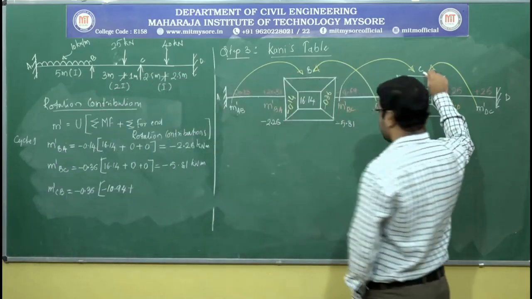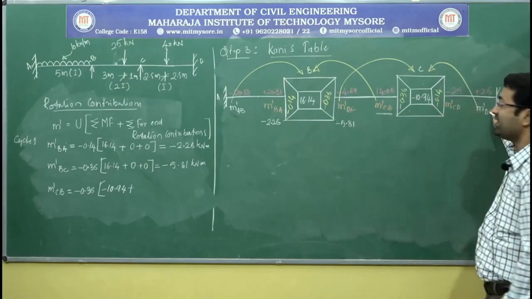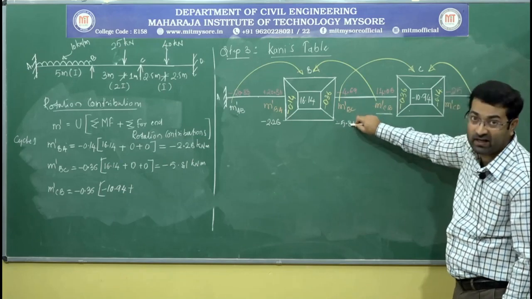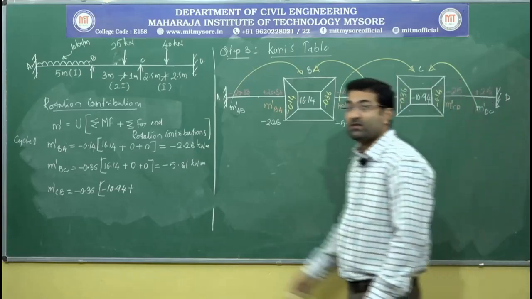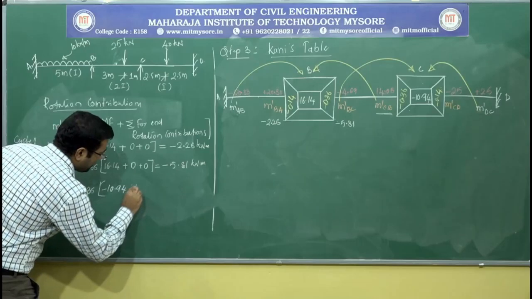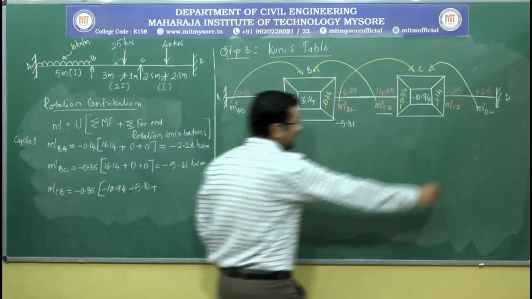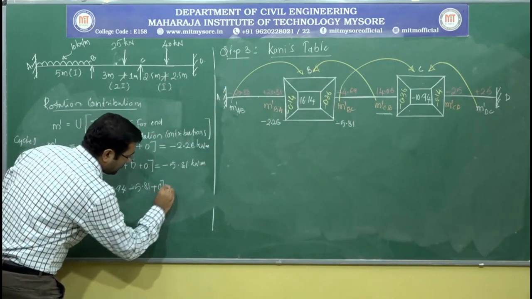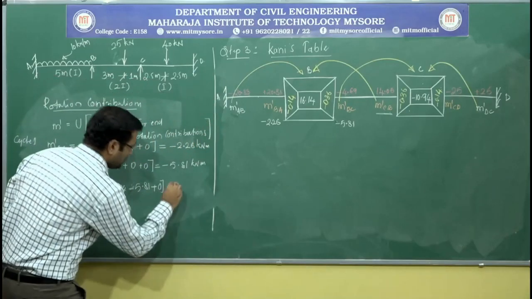So what are the far end rotation contributions for joint C? They are M dash BC and M dash DC. So here M dash BC we have got the value, so that I need to use in the calculation, that is minus 5.81. So here this value will be minus 5.81 plus the M dash DC, which is 0. It is 0. So this gives me a value of 6.03.